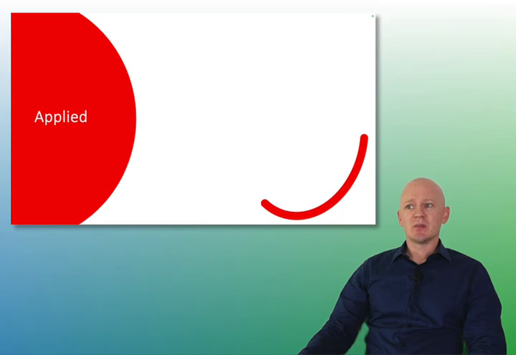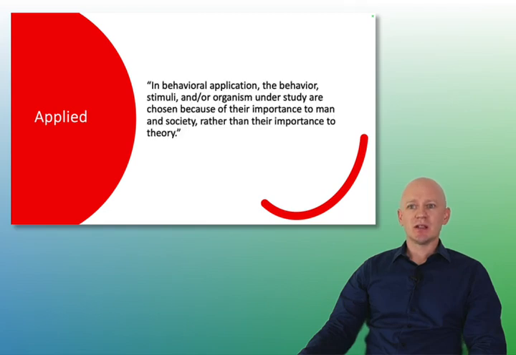So the applied dimension. Baer, Wolf, and Risley outlined the applied dimension as within behavioral application, the behavior, stimuli, and/or the organism under study are chosen because of their importance to man and society rather than their importance to theory. That's what distinguishes applied behavior analysis from the experimental analysis of behavior. It's important to consider what makes something applied and applied to who, and what makes something important or important to who.